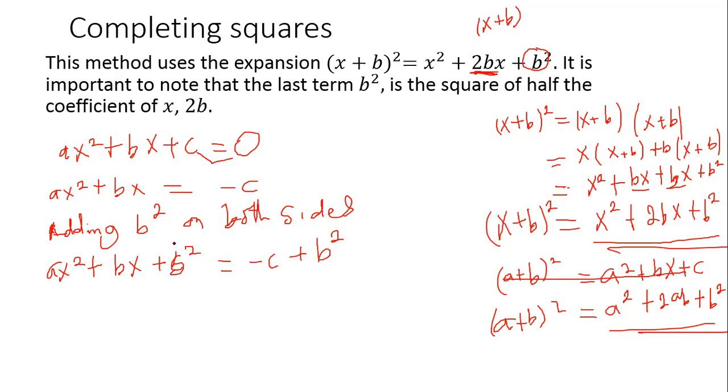So why they bring in the b squared here is to introduce this term, okay? Such that now we can write this as x plus b squared.